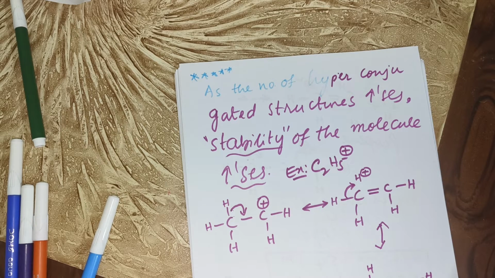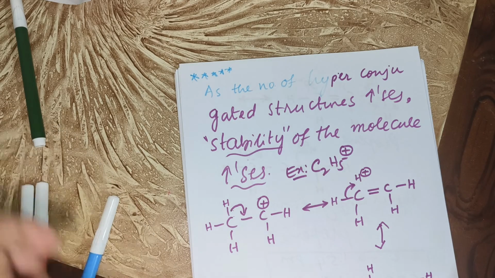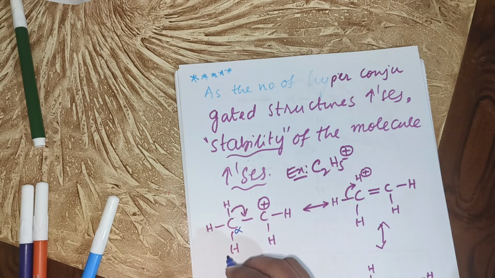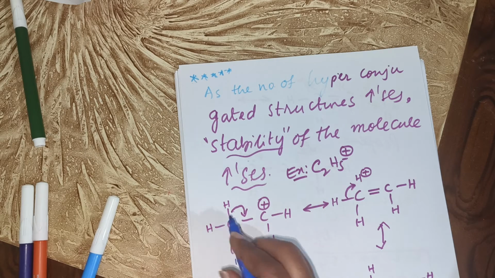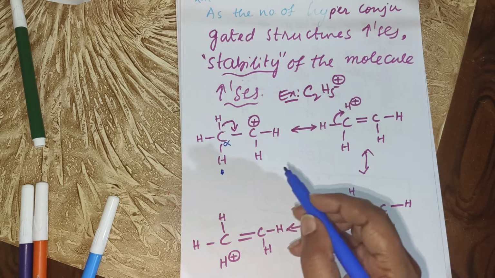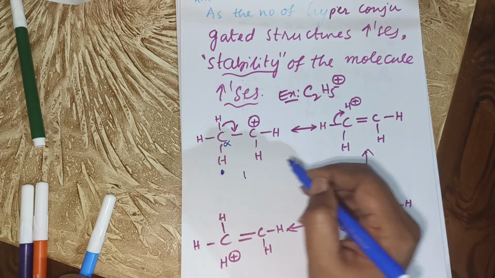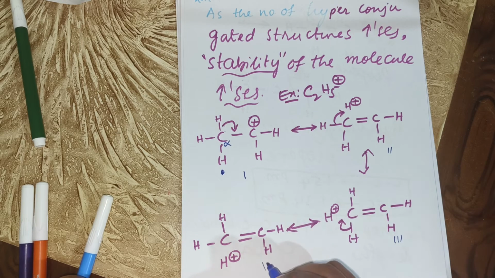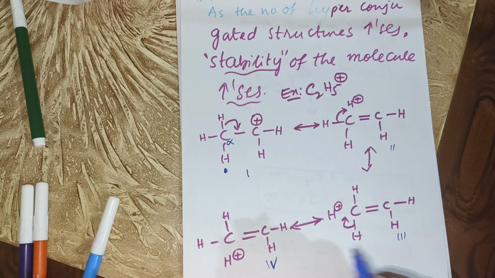Now see how many alpha hydrogens are here. This is called the alpha carbon. The number of alpha hydrogens? 1, 2, 3. Totally 3 alpha hydrogens are there. Therefore, how many hyperconjugated structures? 1, 2, 3, 4.